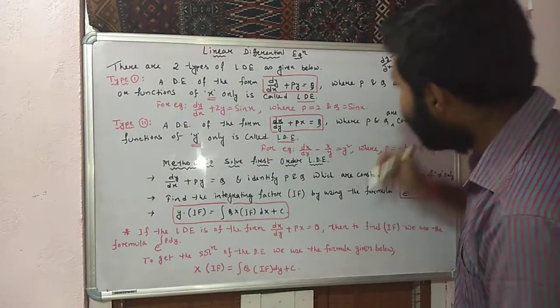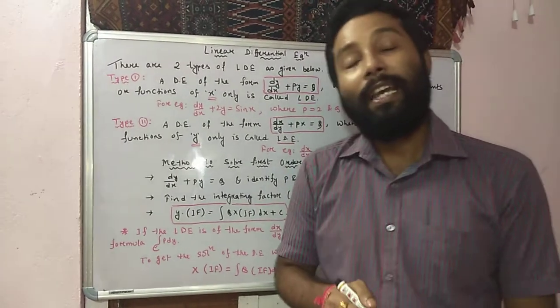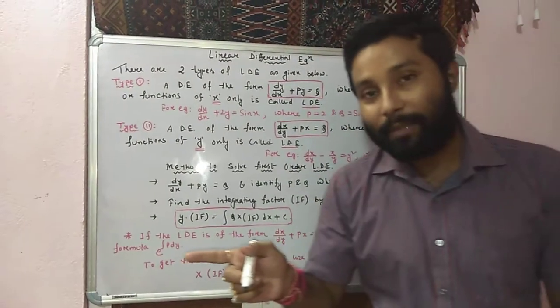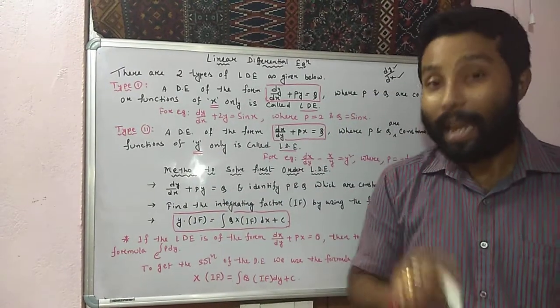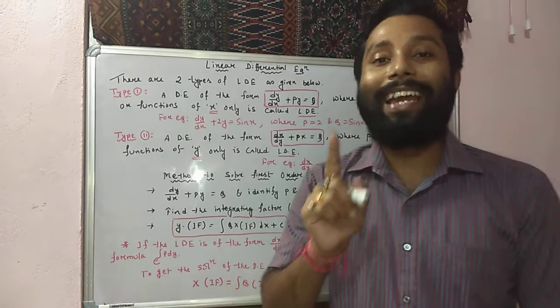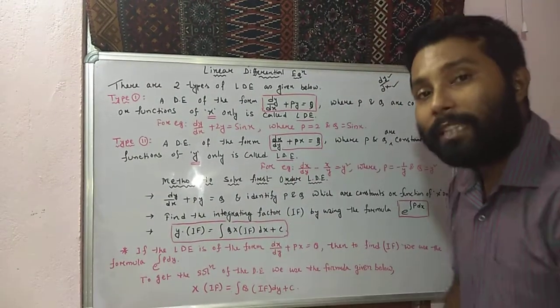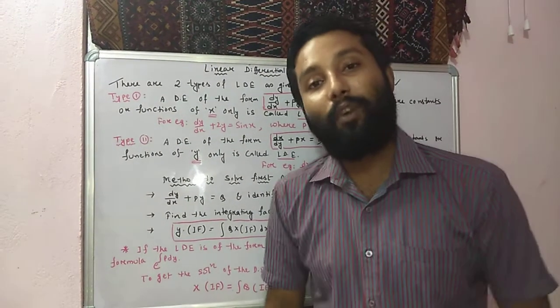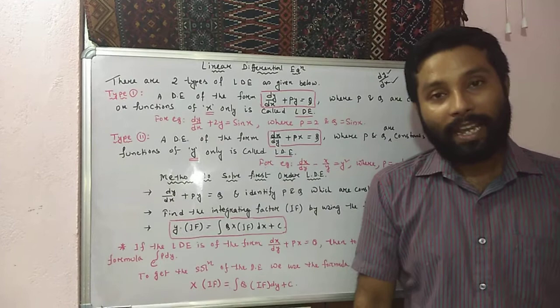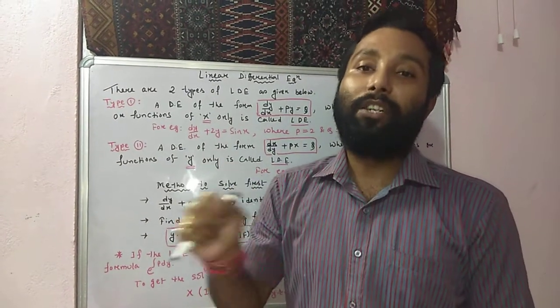In this case the dependent variable is y, so the degree of the dependent variable and its derivative is 1, and they do not get multiplied together. They do not get multiplied together means x and y कभी भी एक साथ multiplication form में नहीं रहेगा. Okay, so such type of equation is called linear differential equation.